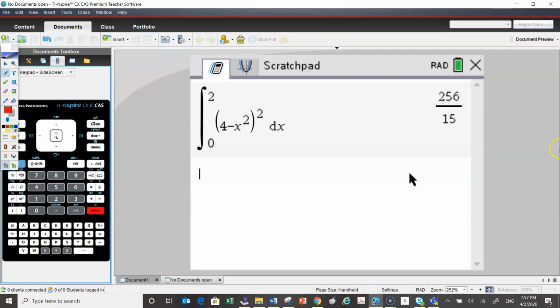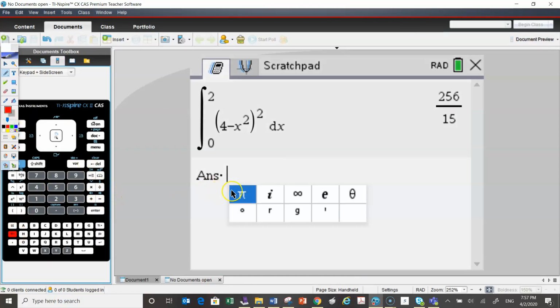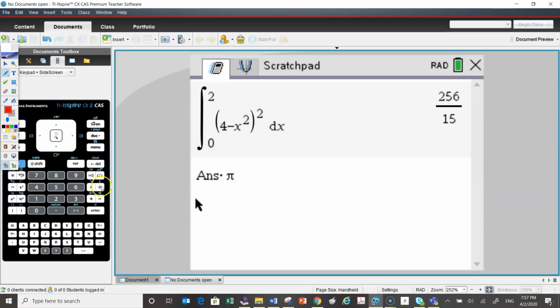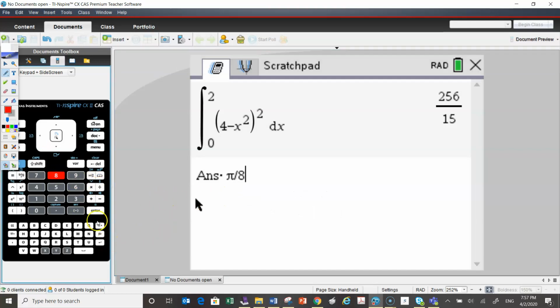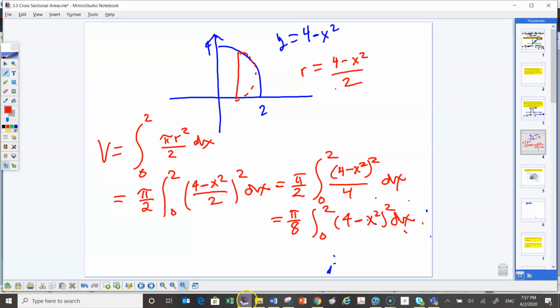And if we work that out, it's 256 again over 15. But now I have to times that by pi over 8. And my answer works out to be 32 pi over 15. So that would be my final answer, 32 pi over 15.